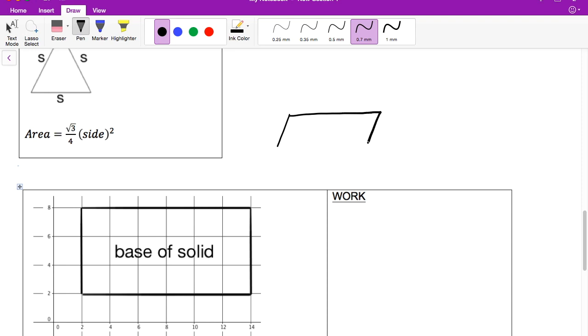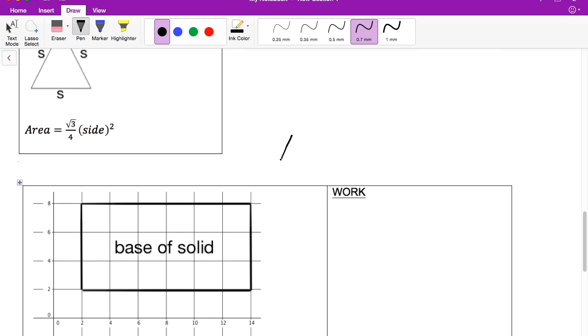This would be the base, and since they're triangular cross sections, it looks like it's going to be a triangular prism. Looks right.